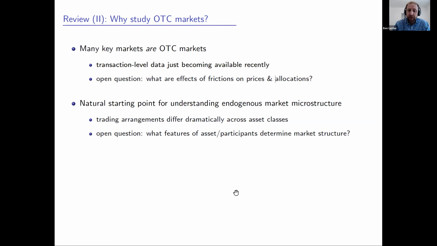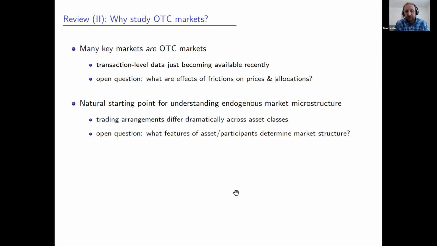There's a beautiful introduction in the paper by Hall in the JPE in the early 2000s, and they look at different commodities, pork bellies and steel rods or aluminum rods, where it's a fairly homogeneous product, and you would think that they would trade in very similar ways, and yet the market structures were very different.